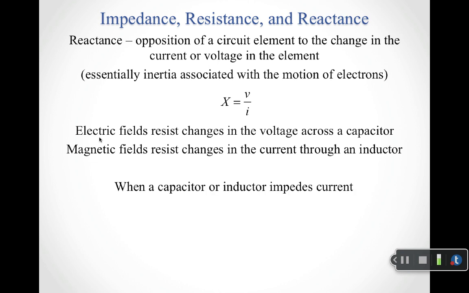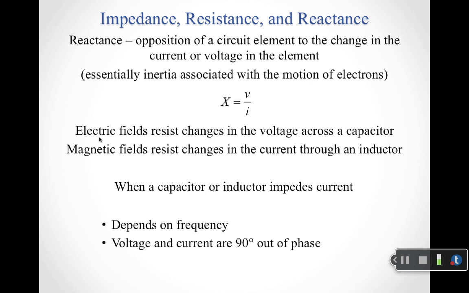When a capacitor or an inductor is impeding the current, there's a handful of things we can broadly characterize. One is that now it will depend on the frequency. Whether you're running at high frequency or low frequency will change the reactance across either the capacitor or the inductor.